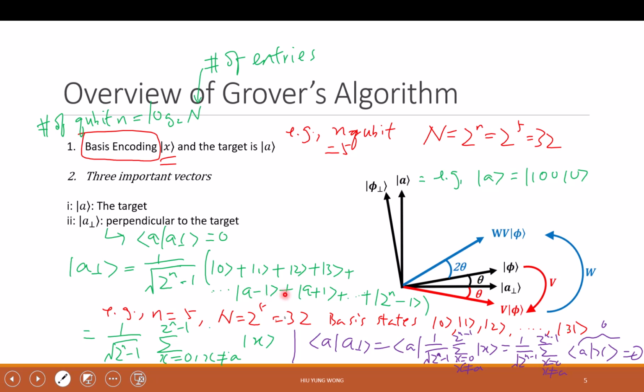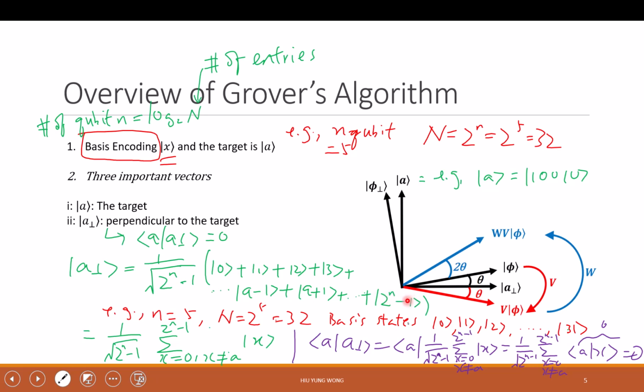However, how many entries do we have here? Did I say something wrong here? Is it 2 to the n minus 2? If I have A, how many entries do I have? 2 to the n minus 1, right? Because you miss 0. We can't find 0. So very good.